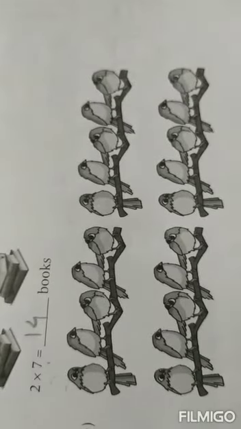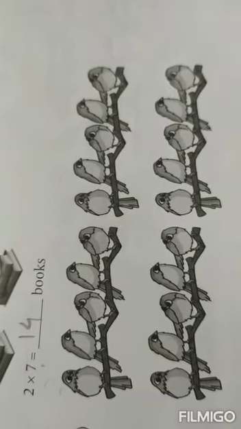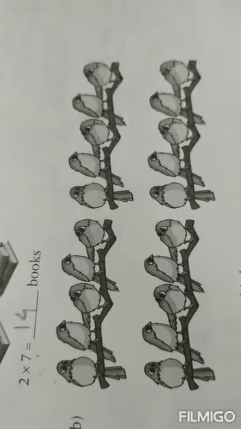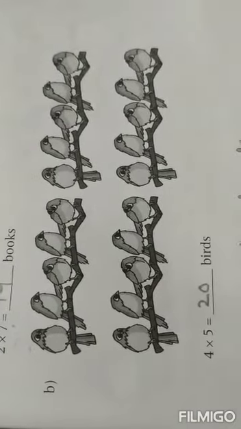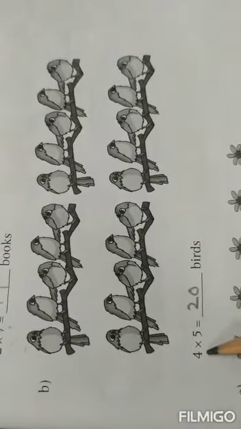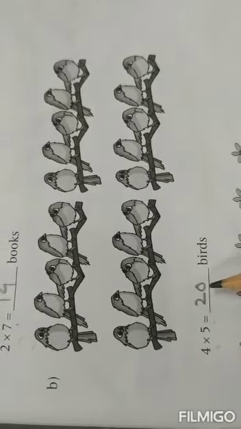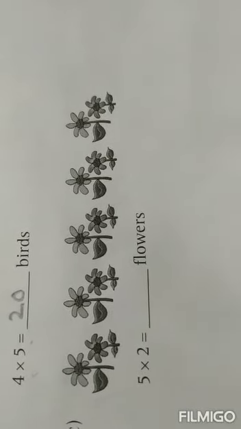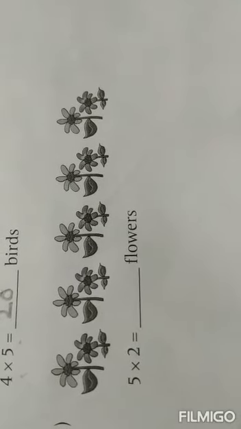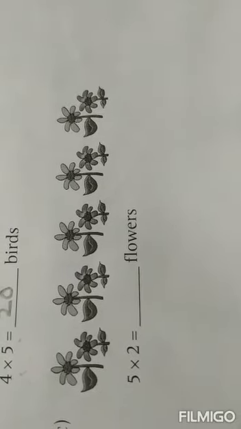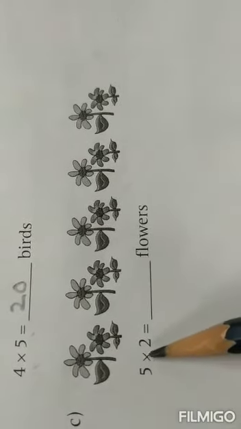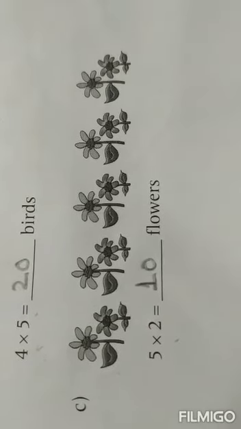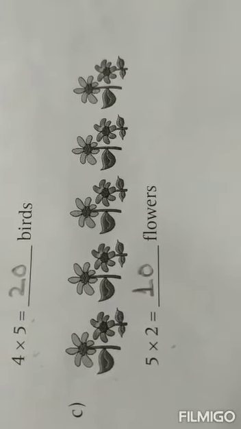Here are 4 branches of tree and on each branch there are 5 birds sitting. So 4 into 5 is equal to 20 birds. In this picture, here are 5 plants which having 2 flowers, and 5 into 2 is equal to 10. So here total number of flowers are 10.